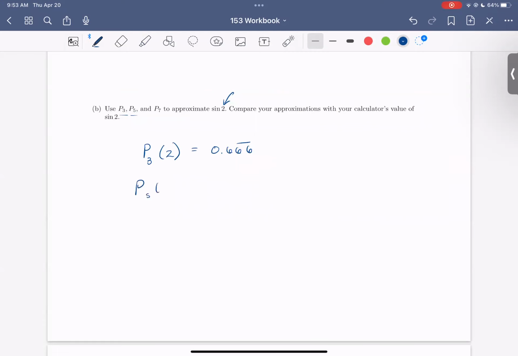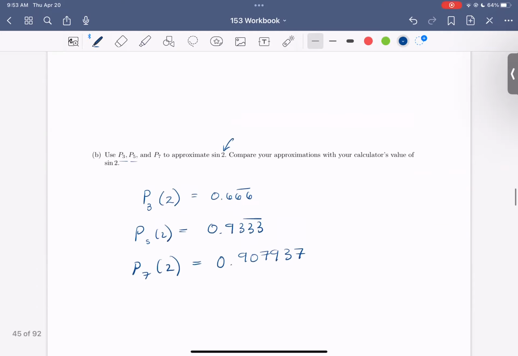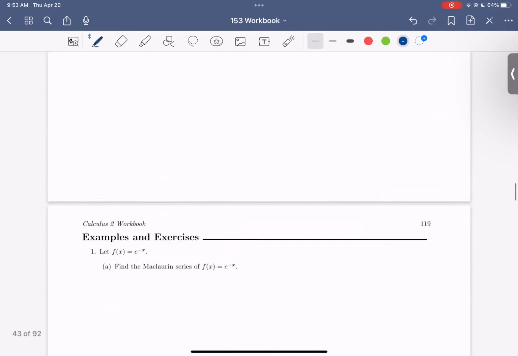P sub 5 of 2 is equal to 0.9333 repeated. And P sub 7 of 2, the 7th degree polynomial, is 0.907937. All right, now let's scroll up to example 3 and get started there.